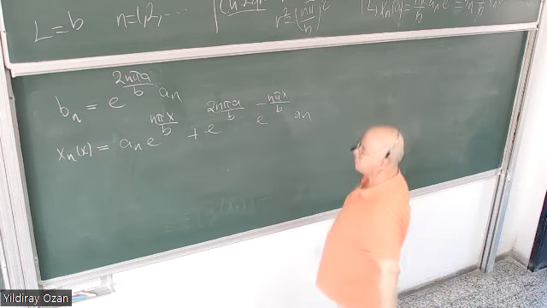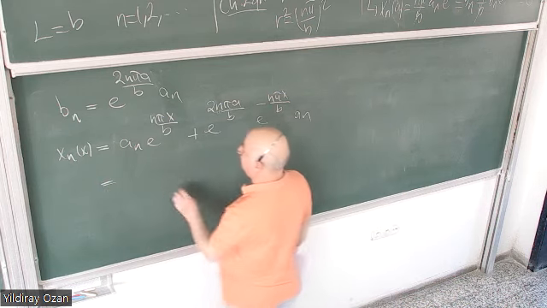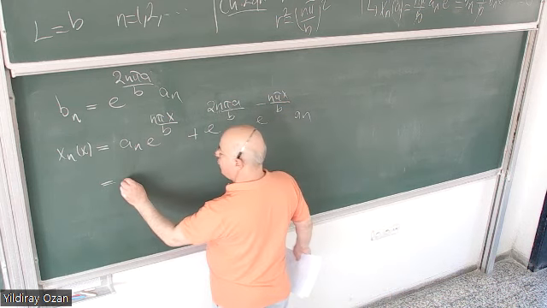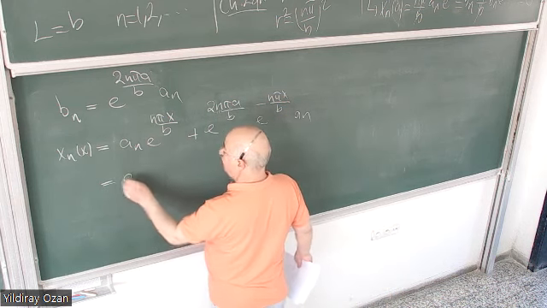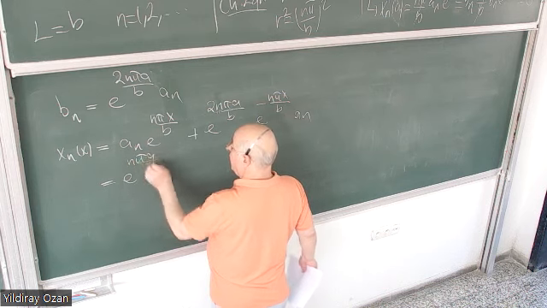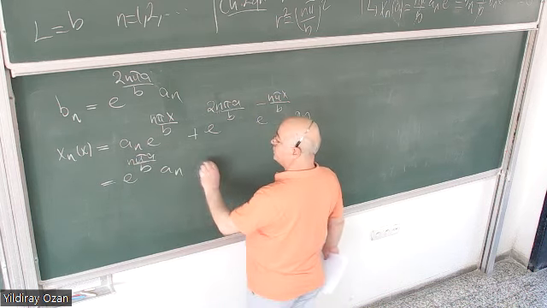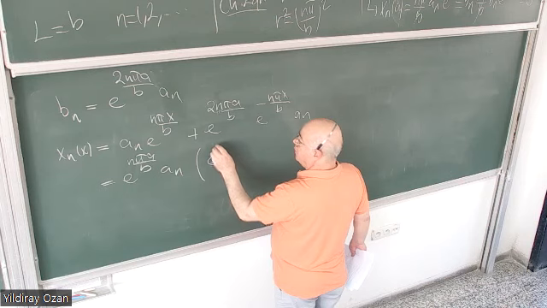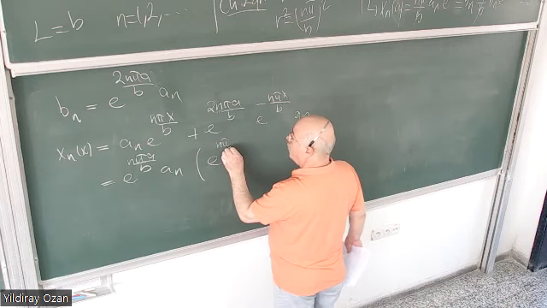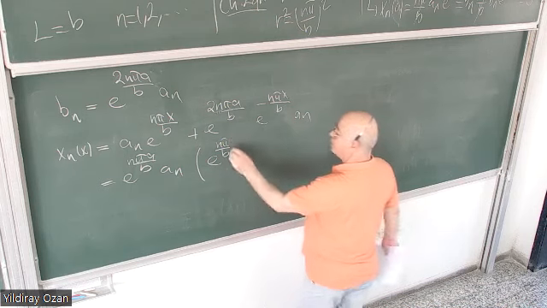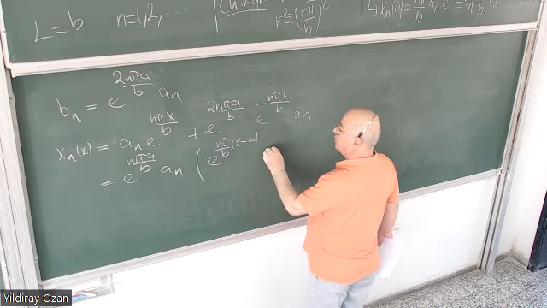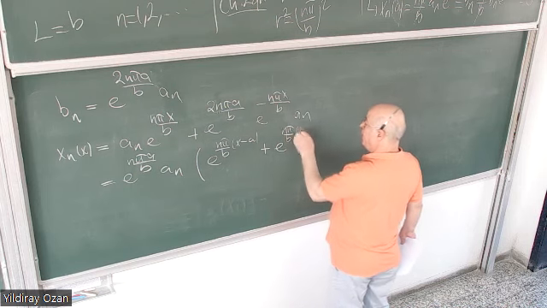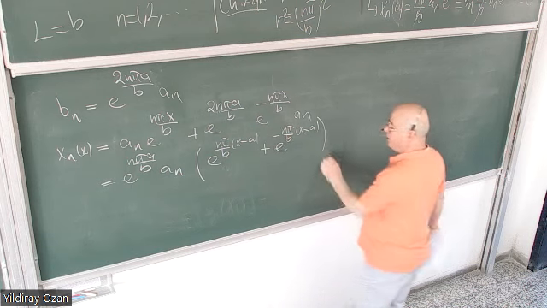An'i de var. Şimdi an ve şey parantezini alırsak şunun yarısı, yani e üzeri n pi a over b, an parantezini alırsak burada ne kalacak? E to the power n pi over b x minus a. Burada da n pi over b x minus a with a minus sign.